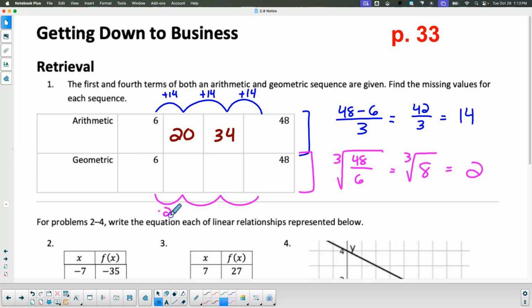So we're going to multiply by 2 every single time. So then 6 times 2 is 12. 12 times 2 is 24. 24 times 2 is 48. Questions on those 2? Okay.